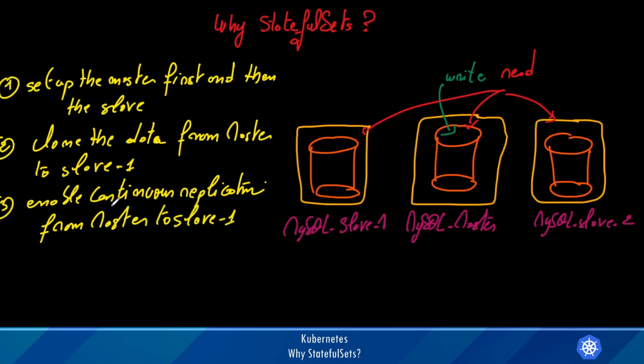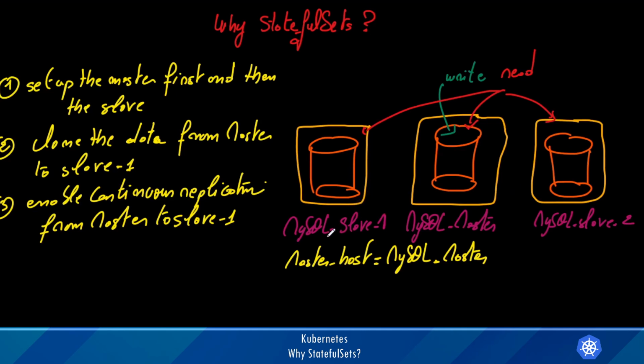To enable it, we have to tell slave 1 where the master is. We should give slave 1 the address of the master instance. Now, because slave 1 knows where the master is, the continuous replication from master to slave 1 is enabled. So now the setting for slave 1 is done.